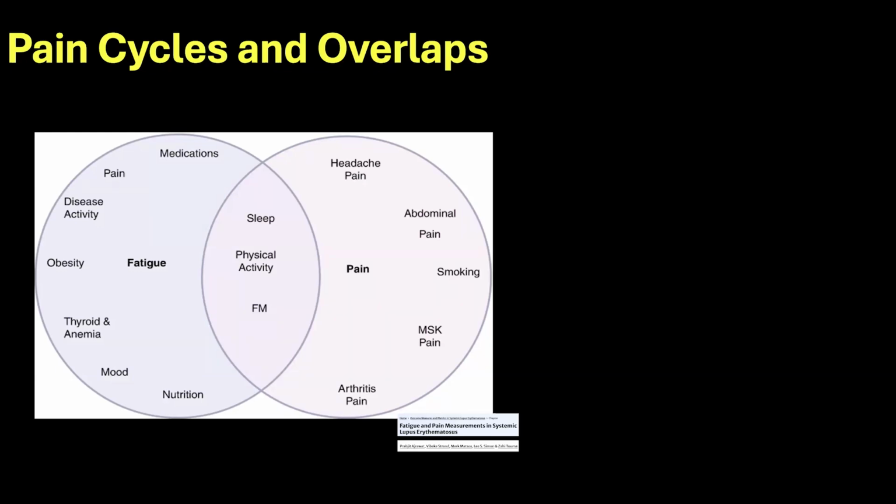Having other joint pain or arthritic pain can also make pain worse. And we see in the middle here that fatigue and pain have a lot of overlap. And all the things really on the right-hand side can affect the left-hand side, and all the things on the left-hand side can really affect the right-hand side of this figure. But what I like about this figure is that it highlights sleep and physical activity as two things that are critical for managing fatigue and pain.